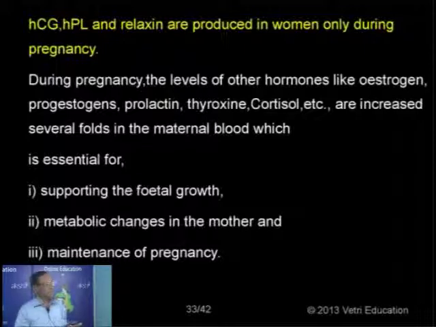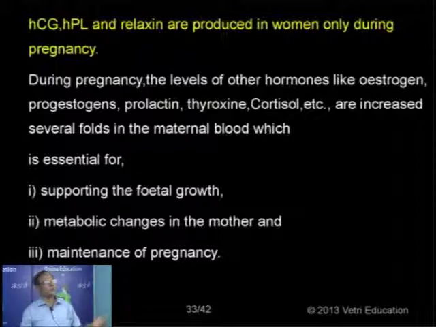So the mother needs more energy, and to provide it the rate of oxidation increases. The hormone levels in the mother's blood increase mainly for three reasons. The five hormones I mentioned are estrogen, progesterone, prolactin, thyroxine from the thyroid gland, and cortisol from the adrenal cortex, all showing a multifold increase in the maternal blood. They are concerned with supporting the growth of the fetus, maintaining the pregnancy, and the metabolic changes in the mother's body.